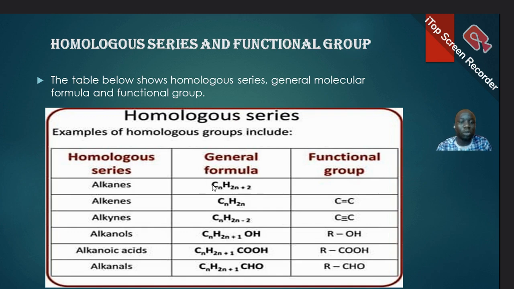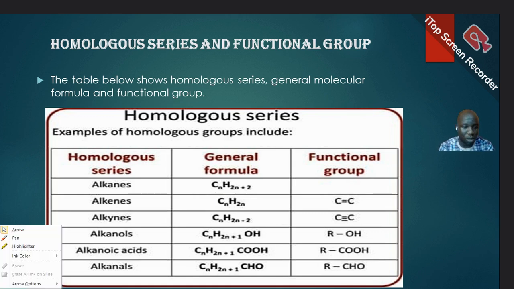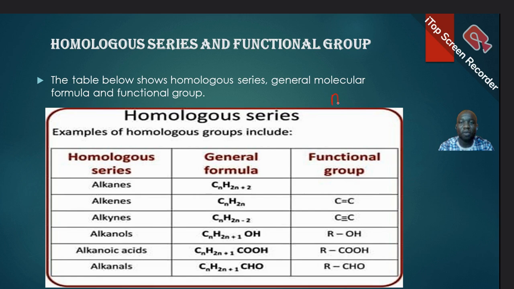Take note, anywhere we see n, it represents the number of carbon atoms present. Alkanes do not have a functional group. We have the alkenes, CnH2n, and their functional group is the carbon-carbon double bond.